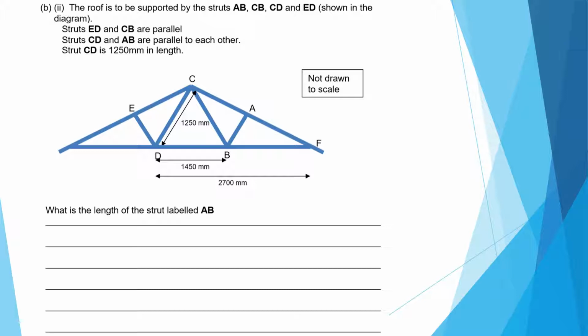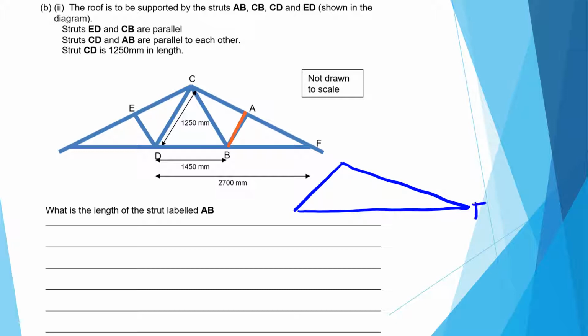Okay, so what we want to do is work out the length of AB, so this length here in red. Now the easiest way to approach this question is probably to think about similar triangles.